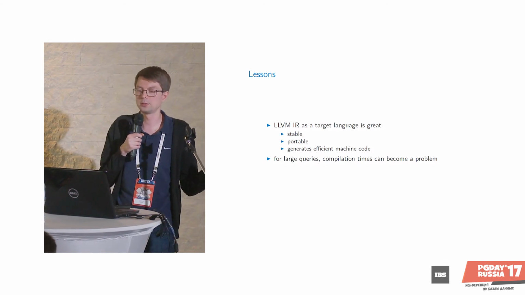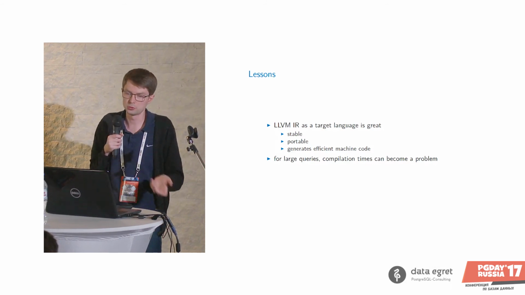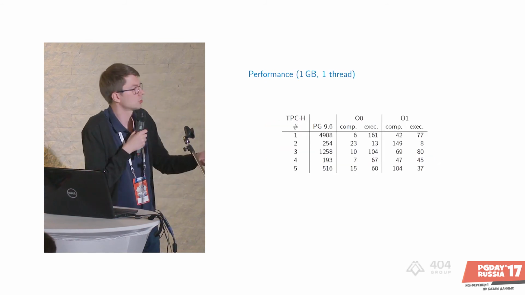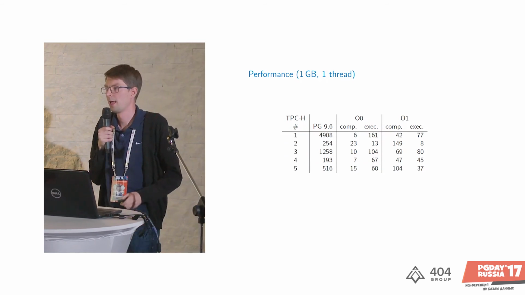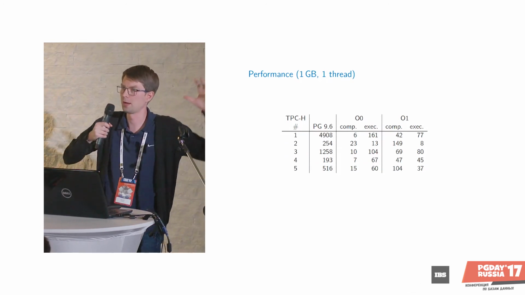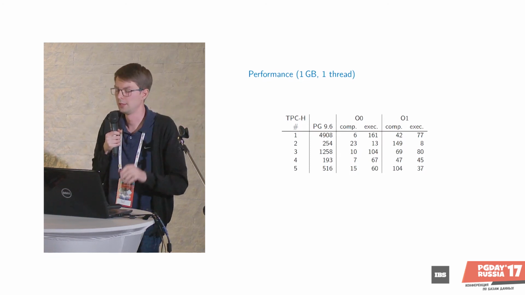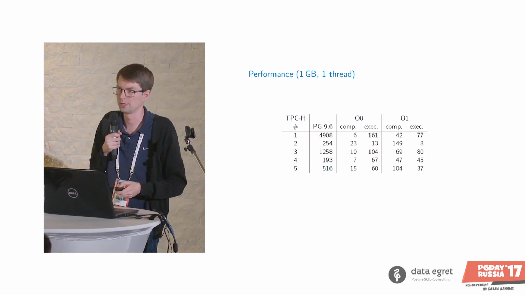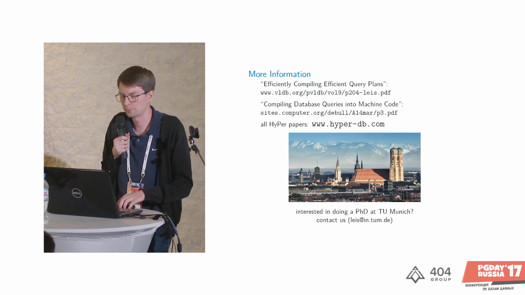The only thing is that LLVM has non-trivial compile times. In the slide before, I think the largest compile time was 150 milliseconds with optimization. But of course, it can be more if the query becomes larger, because it doesn't depend on the data size, but on the query size. So if you construct crazy queries, then it will take a long time to compile. This is maybe the only downside of this approach.